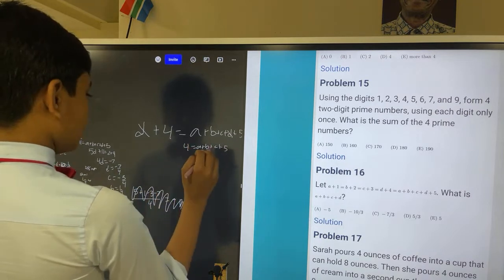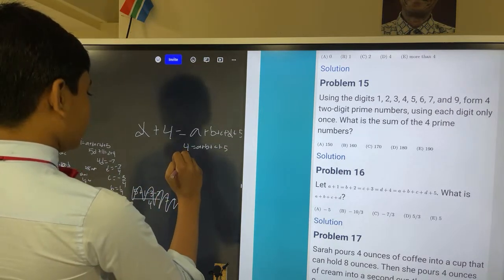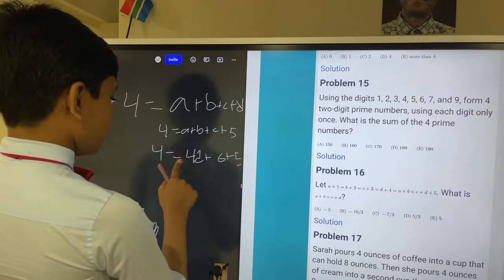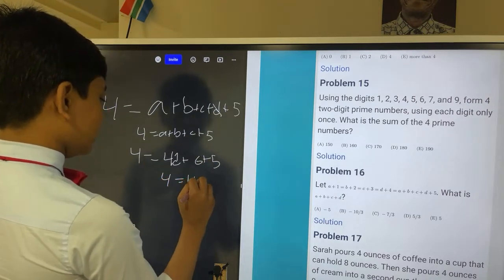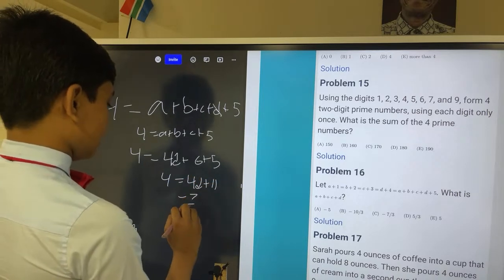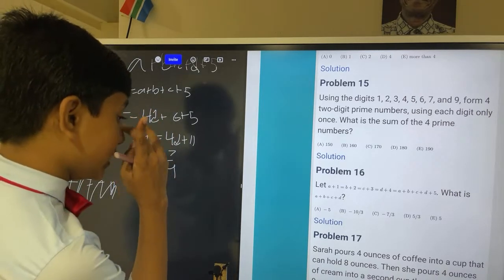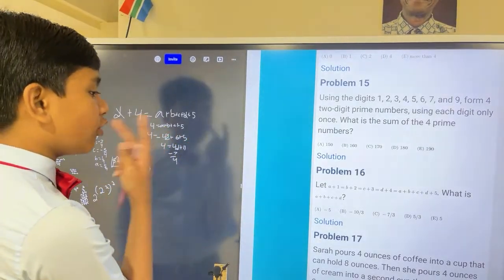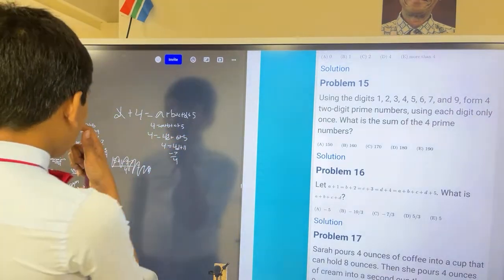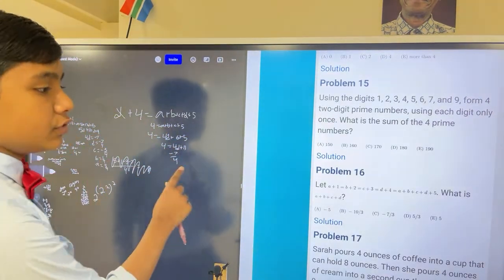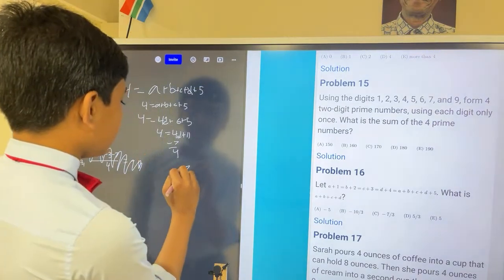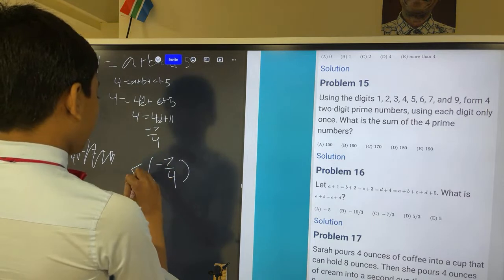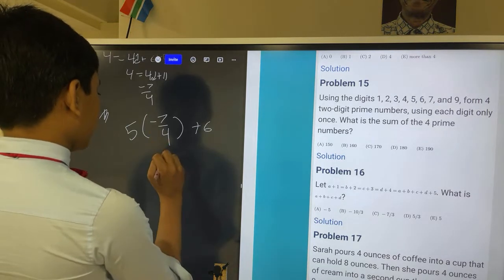And A plus B plus C is 4D plus 6. So 4 equals 4D plus 11. Oh, dang it. This number comes back to haunt me again. Alright. So minus 7 over 4. So now all we have to do is take this and then plug it into 5 and add 6. Hopefully, anyway.